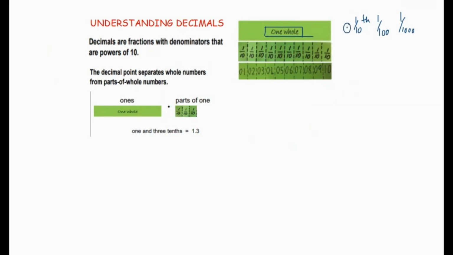If I am writing 0.1, then what is it representing? It is representing ones, tens, hundreds, a decimal point here, and then tenths, hundredths, then thousandths.